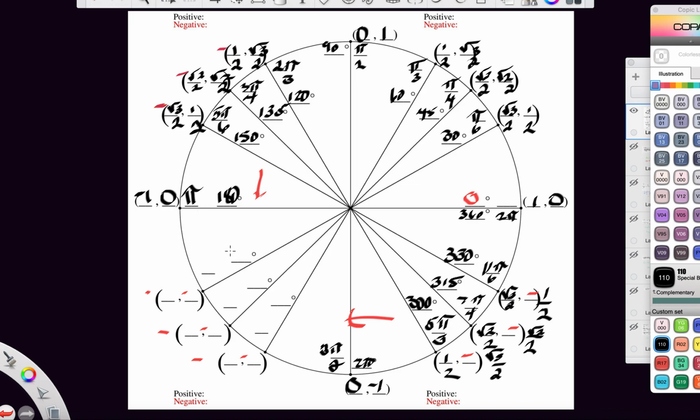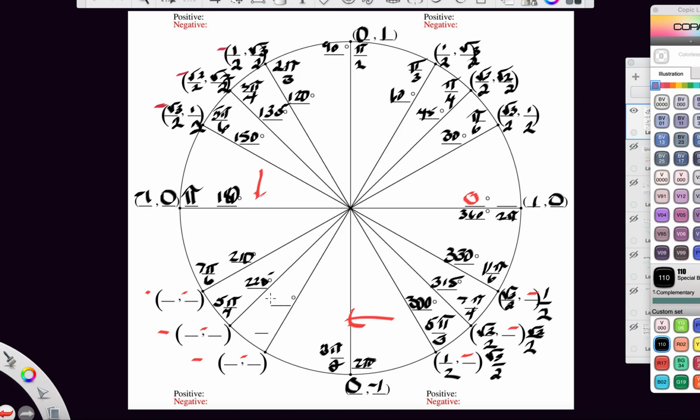All right, 30 degrees past 180 is 210. It is 1 pi over 6 past 6 pi over 6, so it's 7 pi over 6. 45 degrees past 180 is 225, which would be 5 pi over 4.